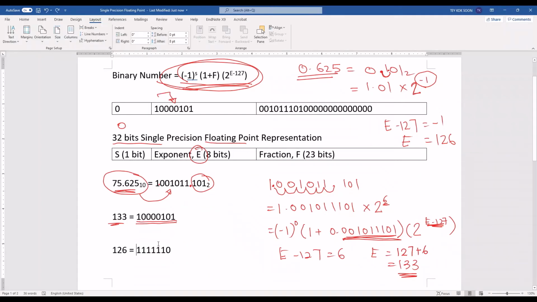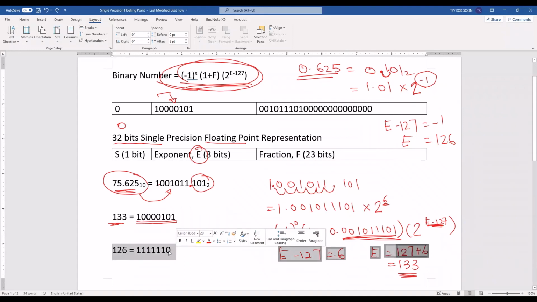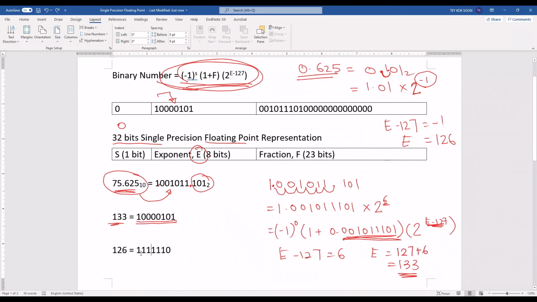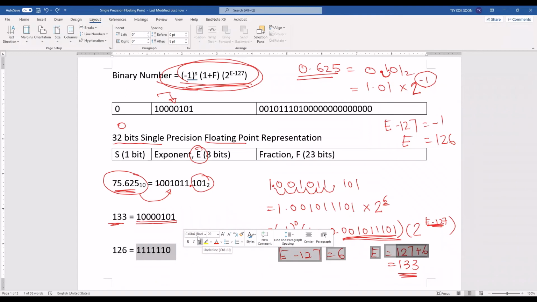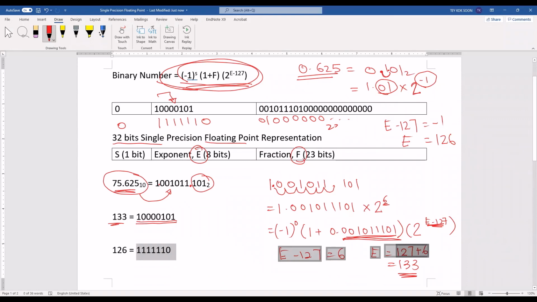So your exponent should be 1, 1, 1, 1, 1, 1, 0. Then what's left is the fraction. So the fraction is this one, 0, 1. You just fill it in here, then fill the rest with 0 until you reach 23 bits. Once it reaches 23 bits, you stop.